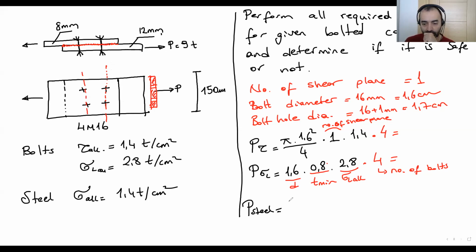Now, total width is 15 centimeters minus 2 bolt holes, 2 times bolt hole 1.7. This is the width times T min. T min is 0.8. This gives us the area. This is the area times allowable stress for steel, 1.4.